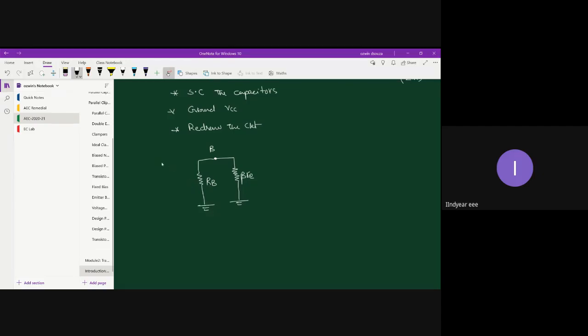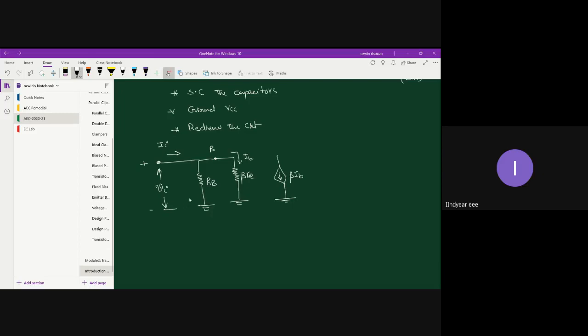This is where you feed your input Vi, minus and plus. This is your Ii, and this is your IB. On the output side you have the controlled source beta times IB.